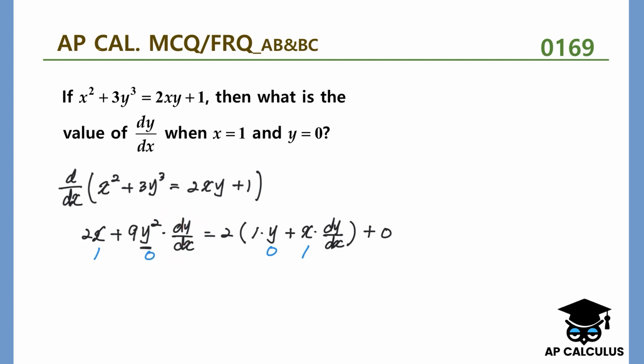So 2 plus 0, which is 2, is equal to 2 times (0 plus 1 times dy over dx), that's just dy over dx. So dy over dx is equal to 2 divided by 2, which is 1. So the answer is 1.